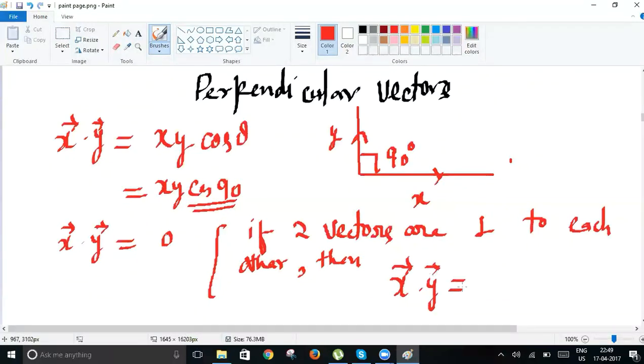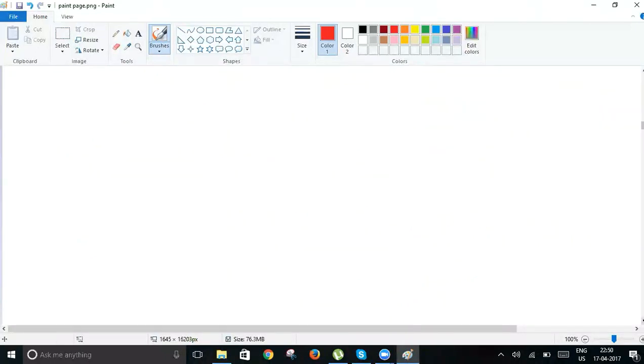If two vectors are perpendicular to each other, like in this example, then their dot product will be equal to 0. Okay? Wait, I'm writing this down. Let me complete it, then you can note it down.